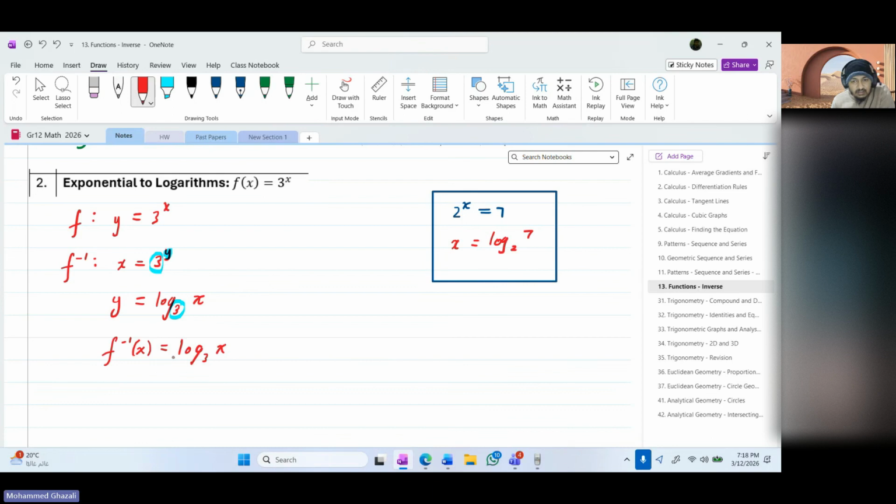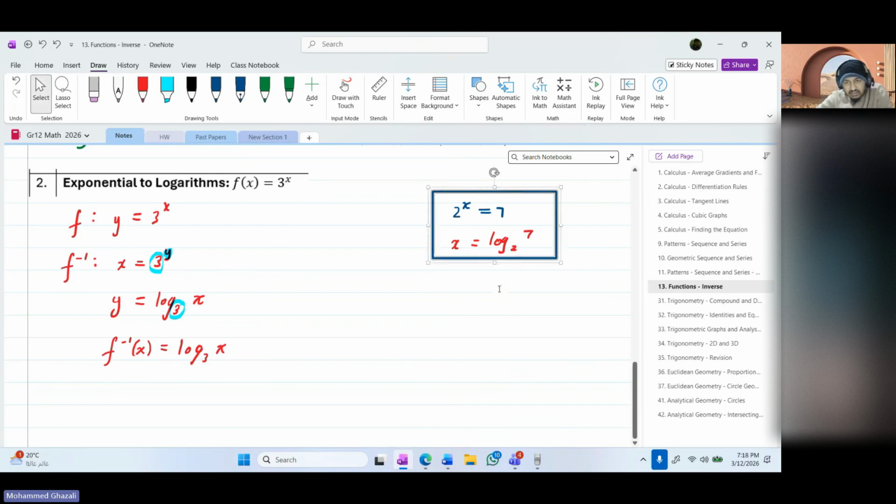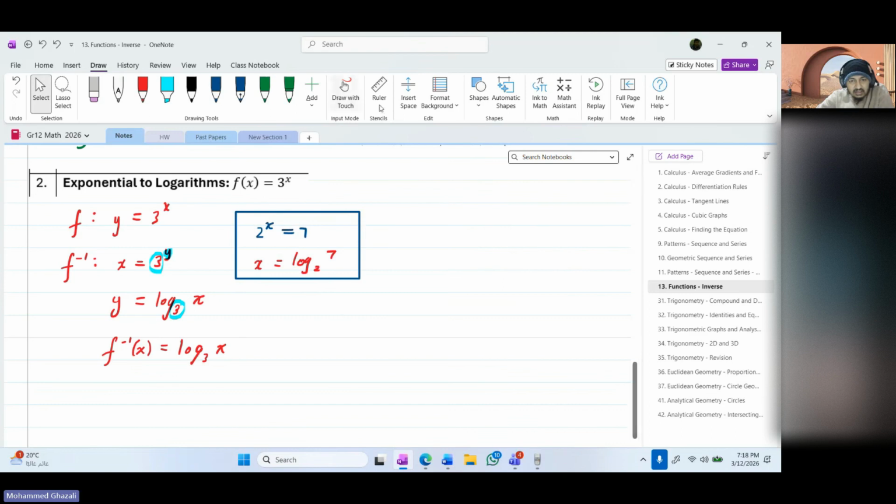Now let's see what this log x base 3 graph looks like, because this is the first time you're seeing graphs of a log function, which is basically an inverse of an exponential function. Now let's see what this graph looks like. So I'm going to construct a table of values to check what this log graph looks like.